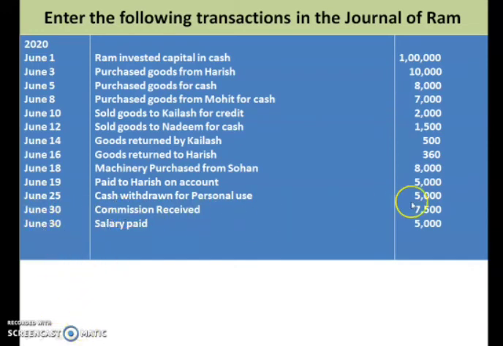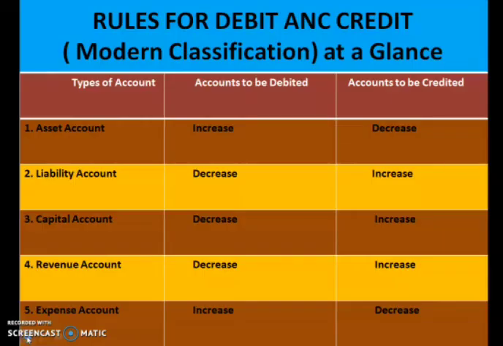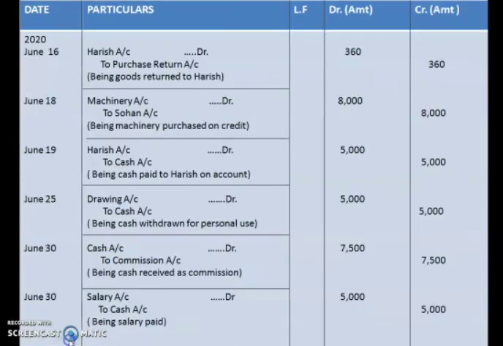Commission received 7,500. See children, commission received is our revenue. So if our income or revenue is increasing, what are we supposed to do? You can see here, commission is being credited and we are receiving cash.